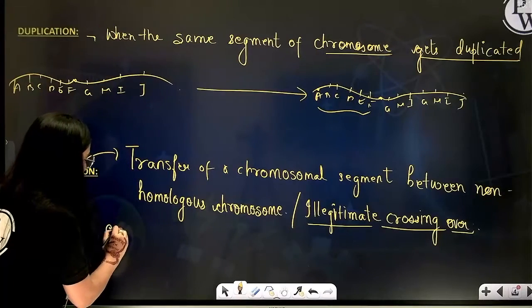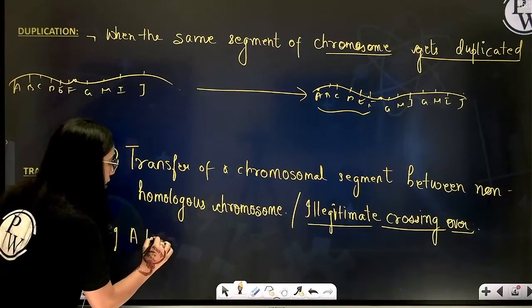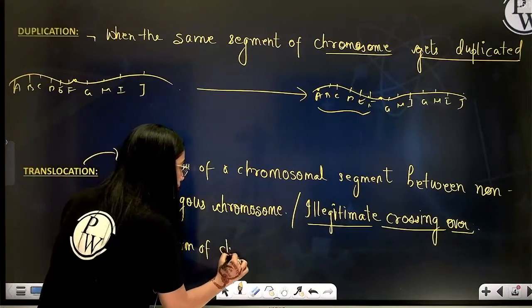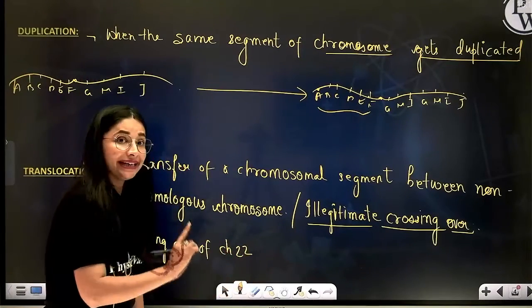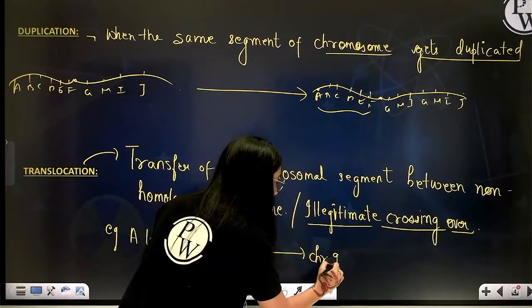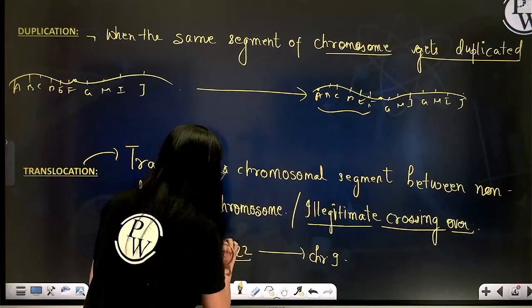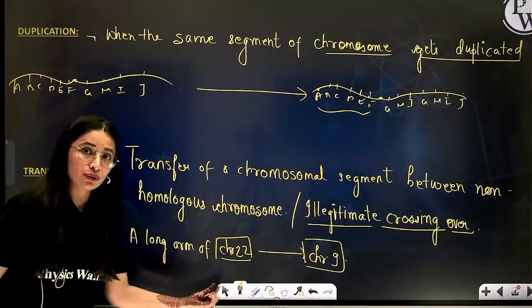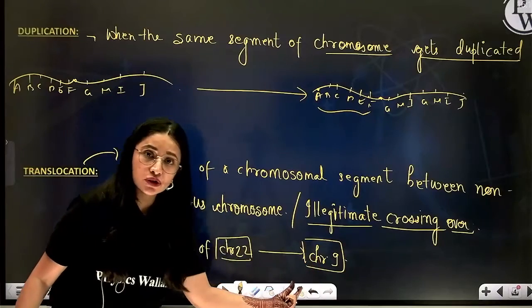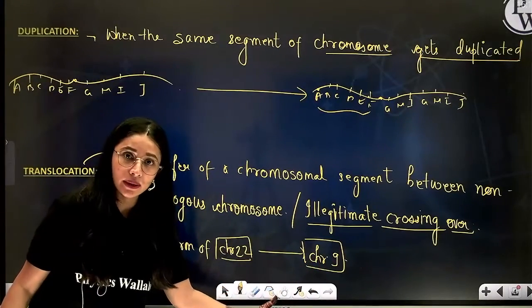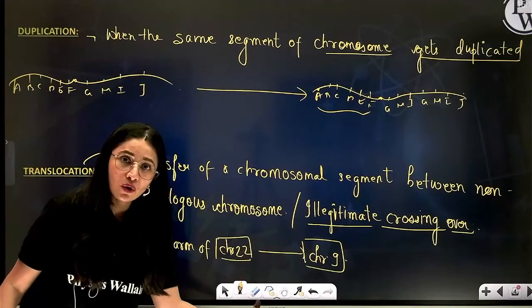For example, a long arm of chromosome 22 gets shifted to chromosome number 9. So when a part of chromosome 22 gets shifted to chromosome 9, this is actually illegitimate crossing over between non-homologous chromosomes.